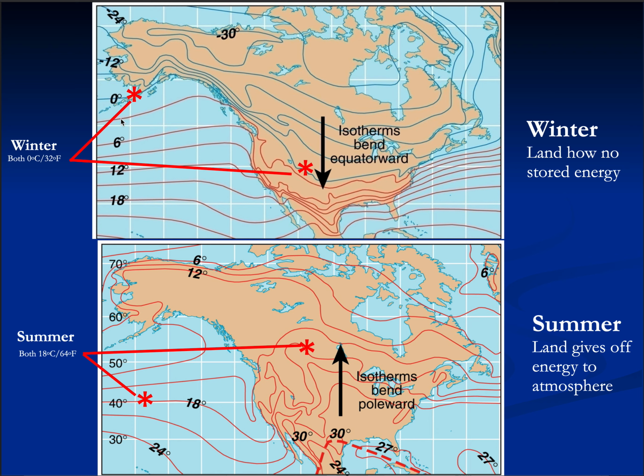An isotherm works like a topographic line, and along each one of these lines the temperature is the same. So let's use this line here that I have indicated with this little star. If I follow this star around, and right here we're at the Grand Canyon, I'm going to follow this line back. The temperature is the same along this line all the way through.